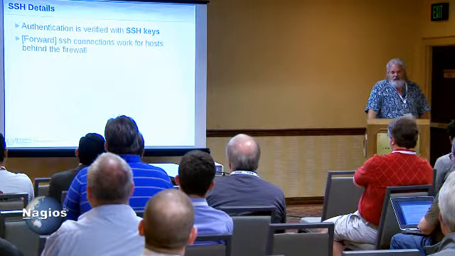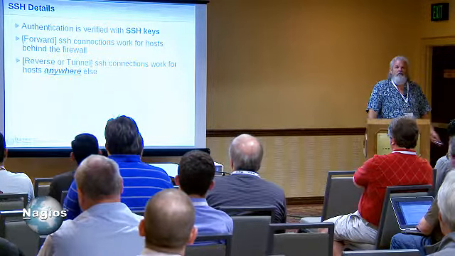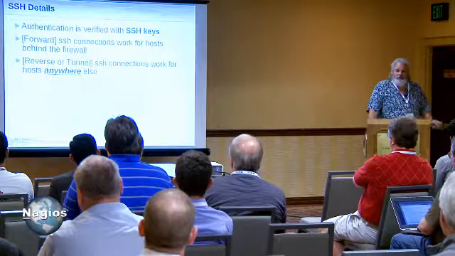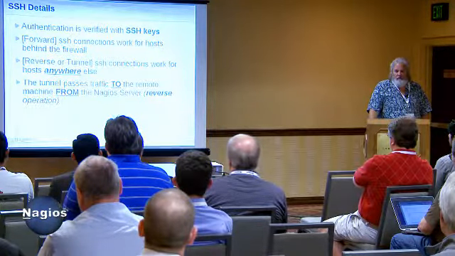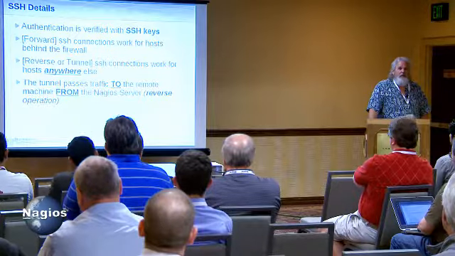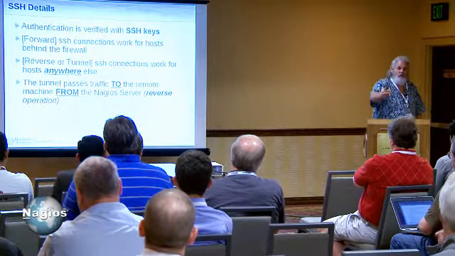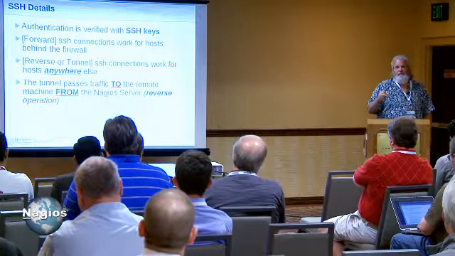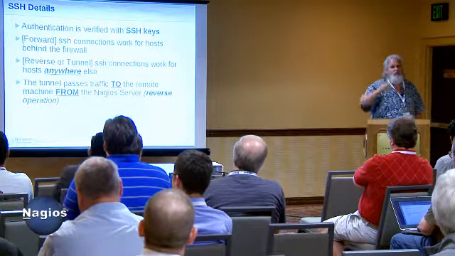With that SSH key, the forward connection works, again, for hosts behind the firewall. A reverse connection or a tunnel works for anywhere else on any platform. That tunnel, once you establish it, in other words, it's a tunnel because you log in from the remote machine to the Nagios server, and then the traffic is connected from the Nagios server back to the remote machine.